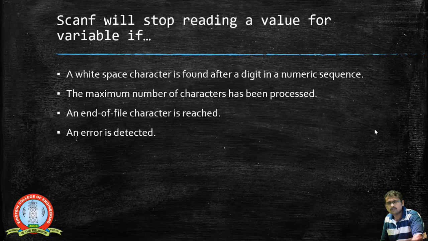So these are some of the categories of IO functions. We have the scanf and printf statements as formatted input output, and we have seen getch, putch, getchar and putchar as unformatted IO functions.